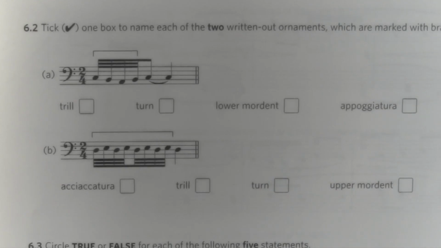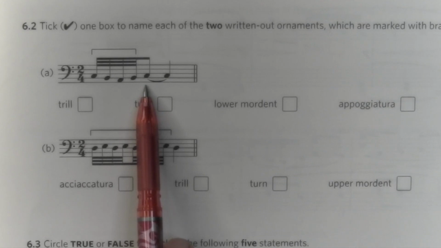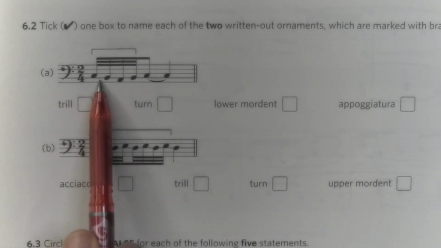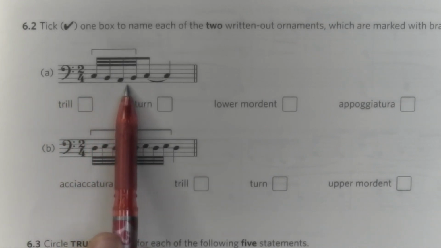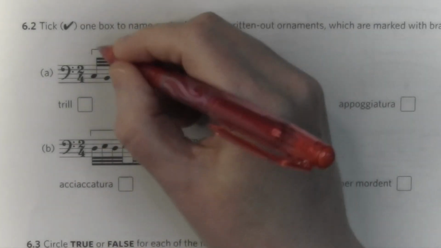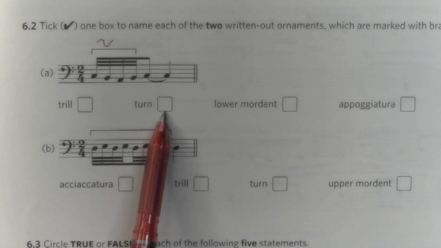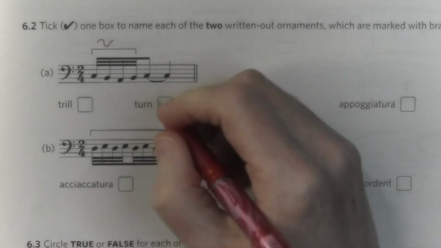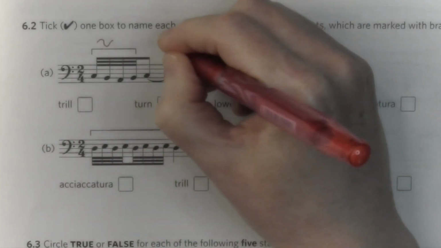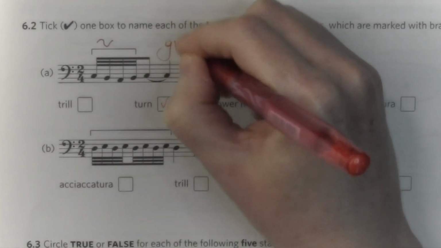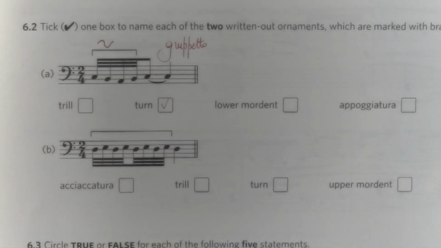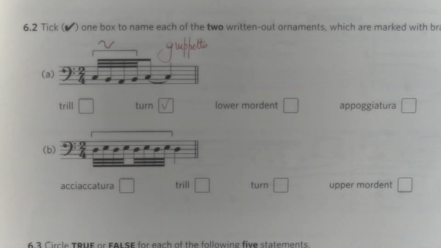Okay. Number 2, we need to tick the box that tells us the name of the ornament. Now, let's have a look here. These quick notes that have this shape, this is a gruppetto, a turn. Gruppetto is a small group, basically, in Italian.